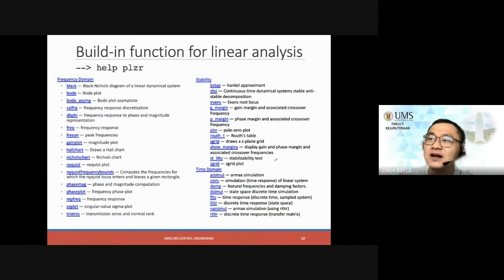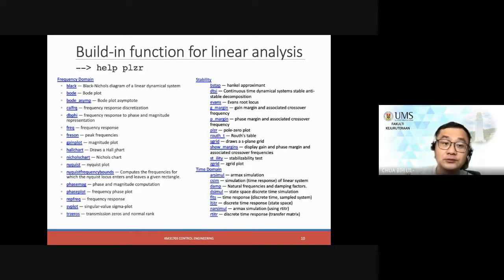Other functions, you can try PLZR, the polar form of a plot, and other things. These are the related functions available in Scilab for us to do our analysis of control.